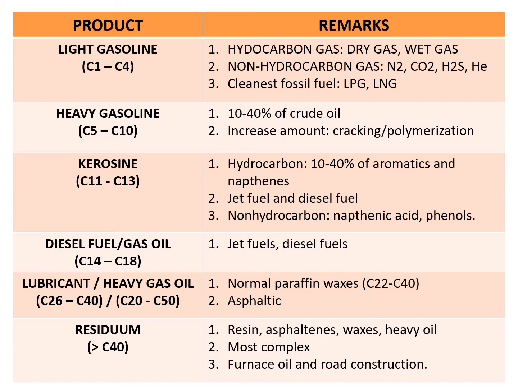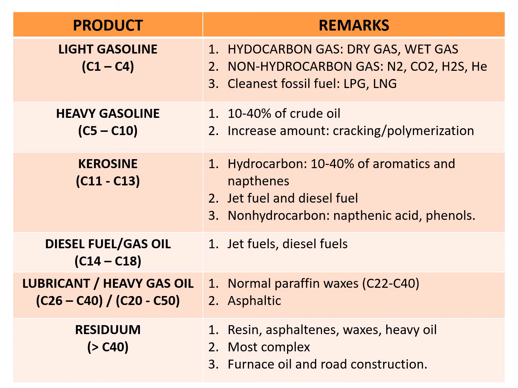Alright, diesel fuel here, with carbon number 14 to carbon number 18, can be used for jet fuels and diesel fuels. Okay, heavy oil or heavy gas oil is usually composed of normal paraffin waxes.